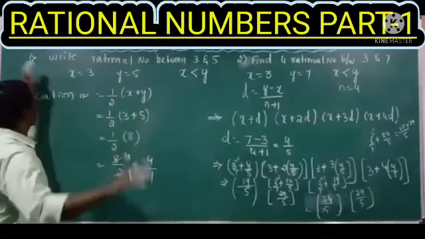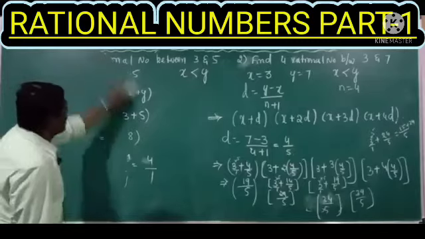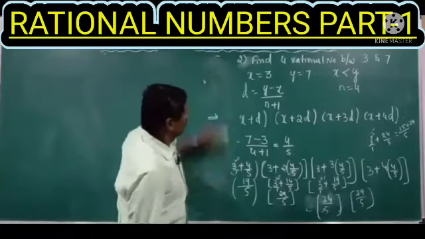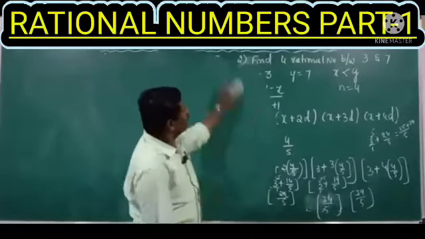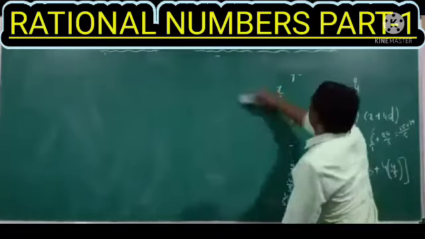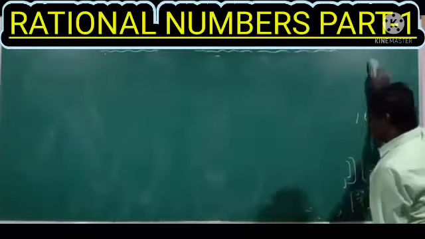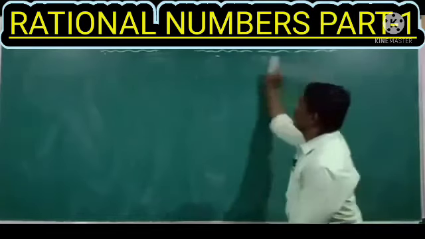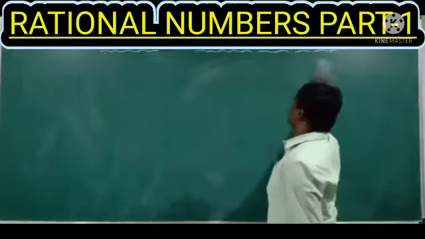Now I will show you how you can find the rational numbers in a simple form. Either you can solve by using this method or one more method. The simplest method is there. By using that method also you can find the rational numbers which exist between the two rational numbers.